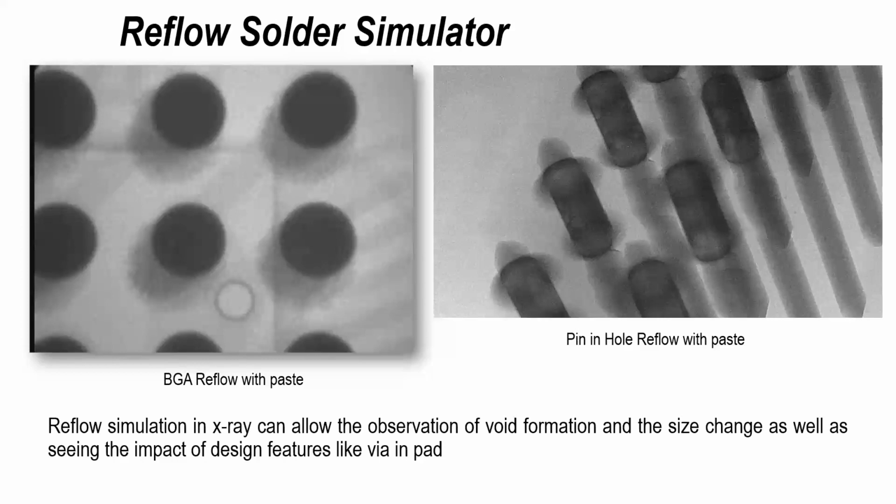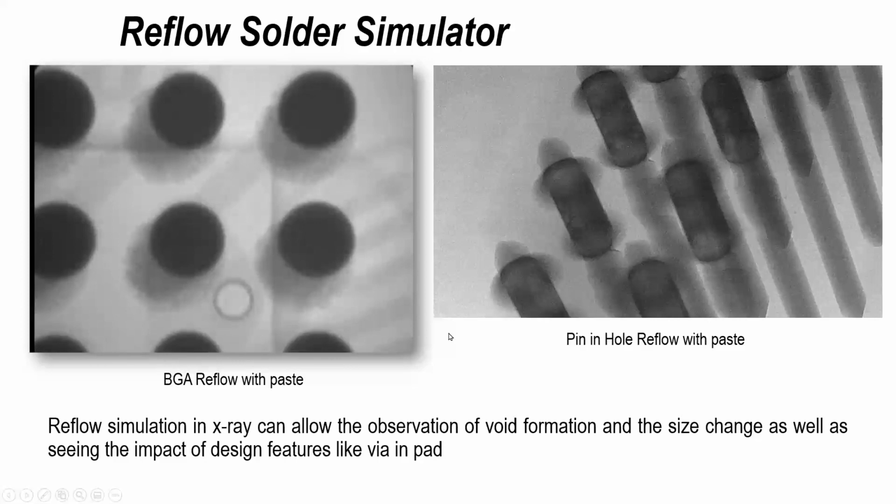Now, equally, you could take the board and look at it after reflow and look at voiding, which is taking place, but you can actually see outgassing. So PCB outgassing or via outgassing. So video simulation, again, just gives us those extra benefits.